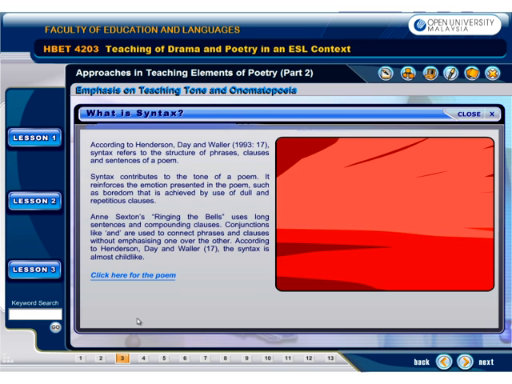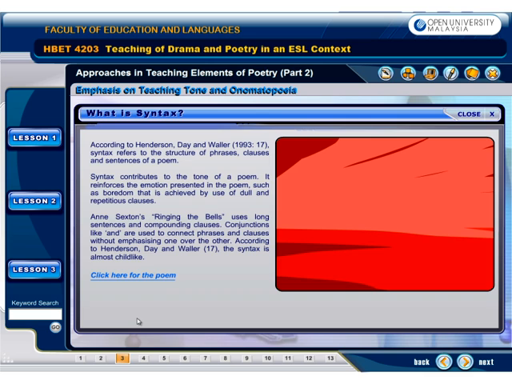According to Henderson, Day and Waller, 1993, syntax refers to the structure of phrases, clauses, and sentences of a poem. Syntax contributes to the tone of a poem. It reinforces the emotion presented in the poem, such as boredom that is achieved by use of dull and repetitious clauses.